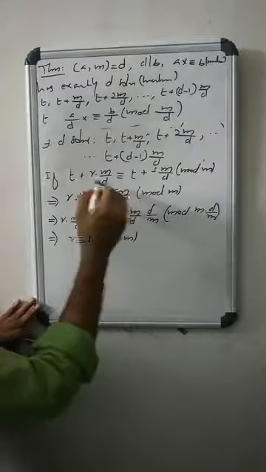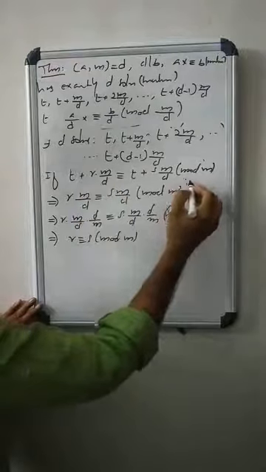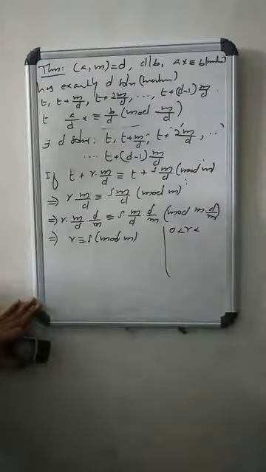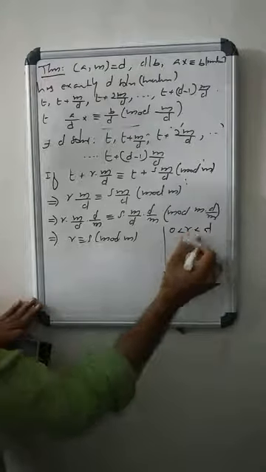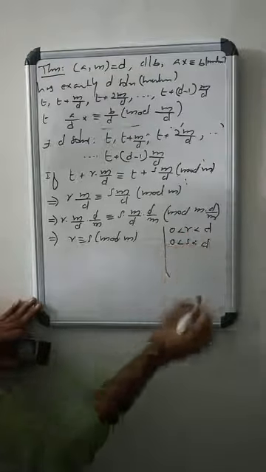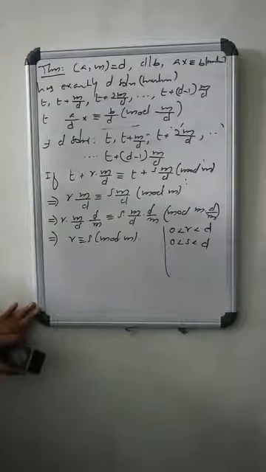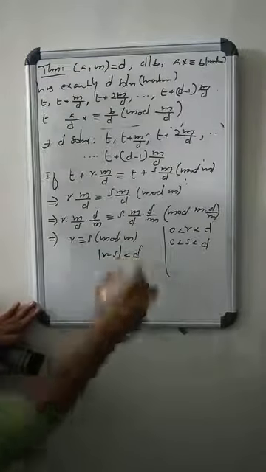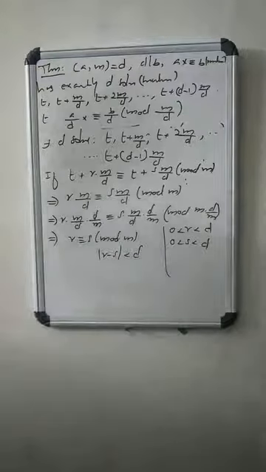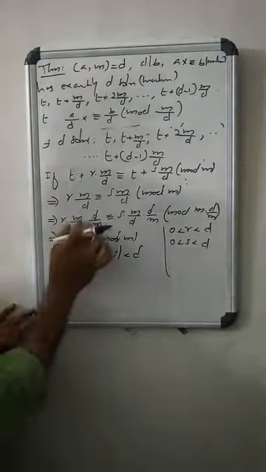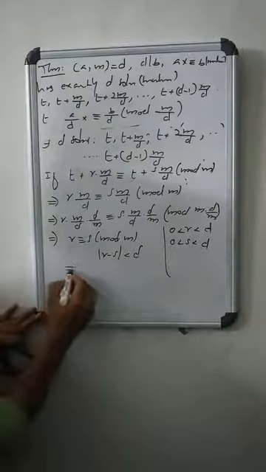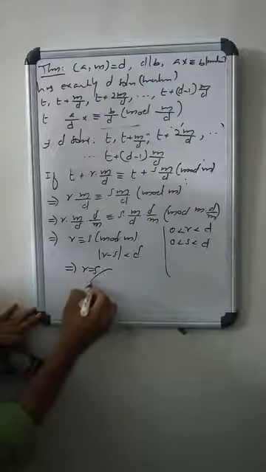You can choose r and s in such a way that 0 is less than or equal to r less than d and 0 is less than or equal to s less than d. That means the modulus of r minus s is strictly less than d. Now r is congruent to s mod m and modulus of r minus s is strictly less than d. That clearly implies r equals s. Why?